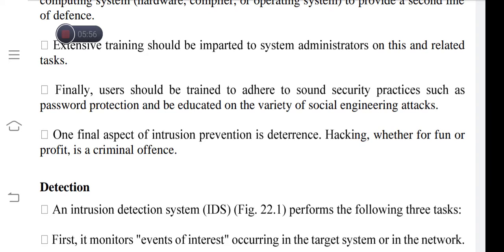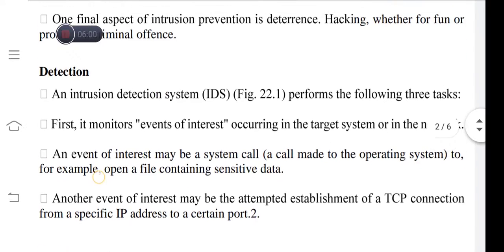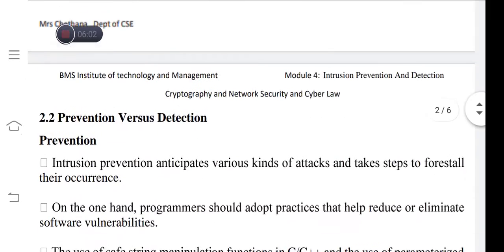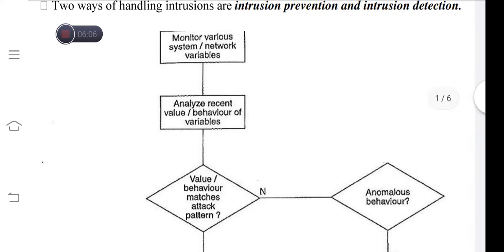Now, detection. Here we are seeing a diagram of an intrusion detection system. Initially, we monitor various system or network variables, then analyze the recent behavior of the variables. Next, depending on the behavior, we check whether it matches an attack pattern.